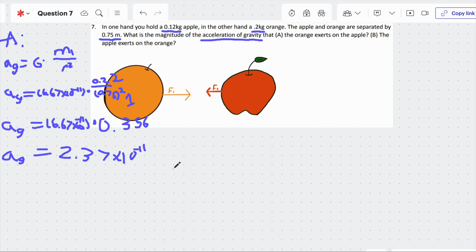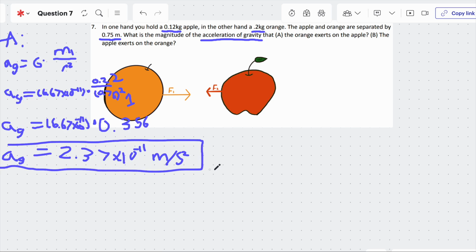Yeah, that should be our answer for this, and this will be in meters per second squared because we're dealing with acceleration. Sweet. That's part A.